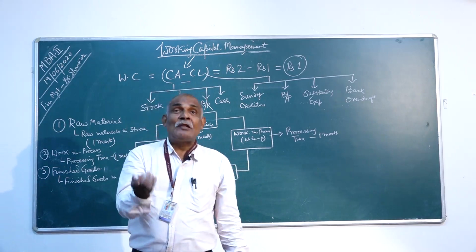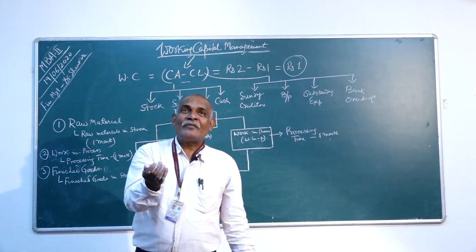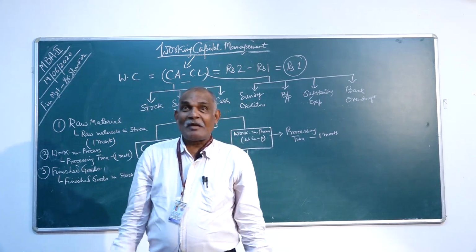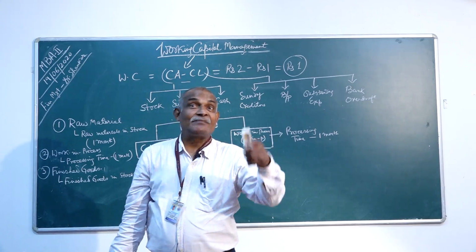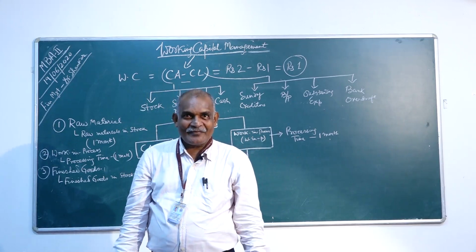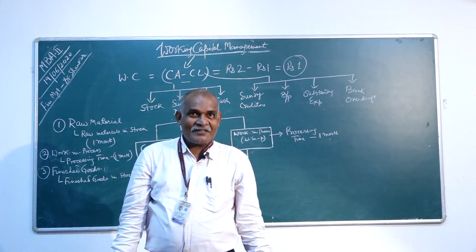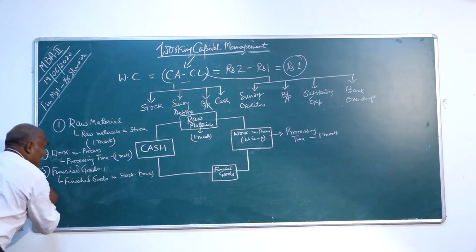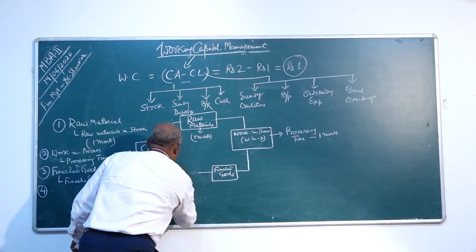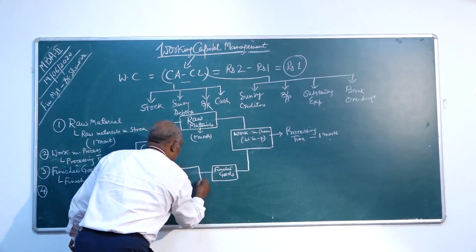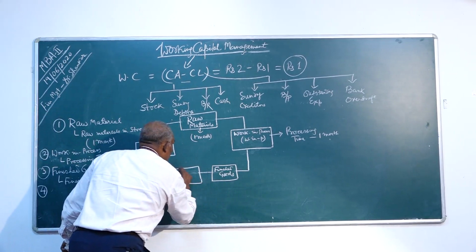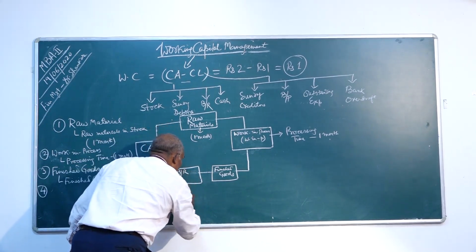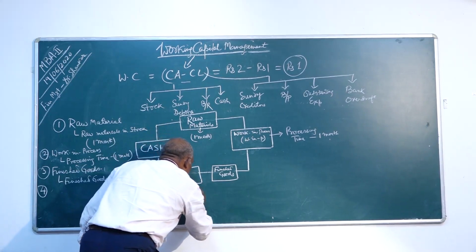You will pay the full money in installments every month or every year, maybe in 2 years, maybe in 3 years, maybe in 1 year. Right? So after that, what happens? Bills receivable. That is credit.